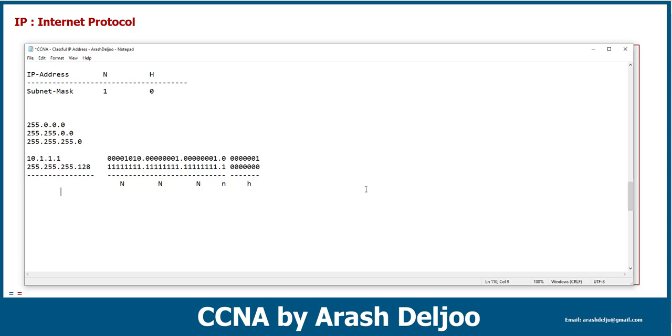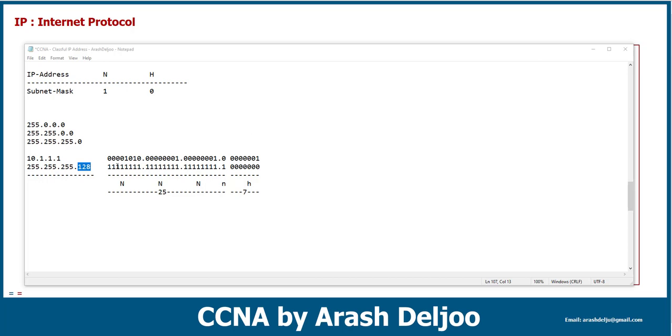Because of that, in the subnet mask, you can use other values, for example 128 or other values. But don't forget that you can't use alternating 1s and 0s.